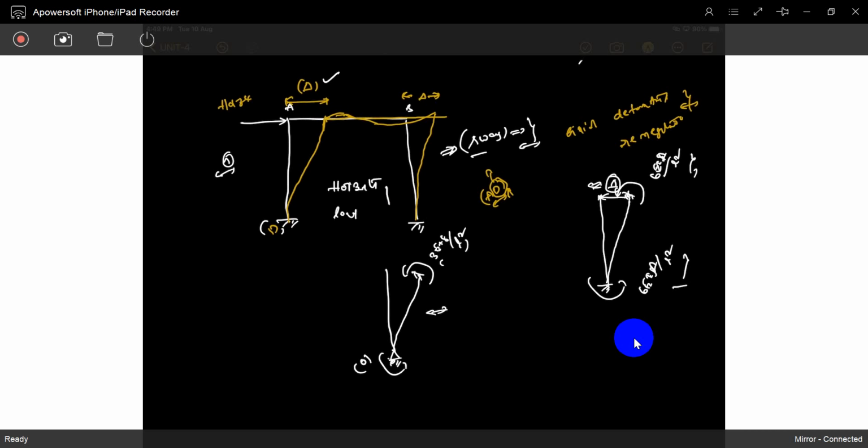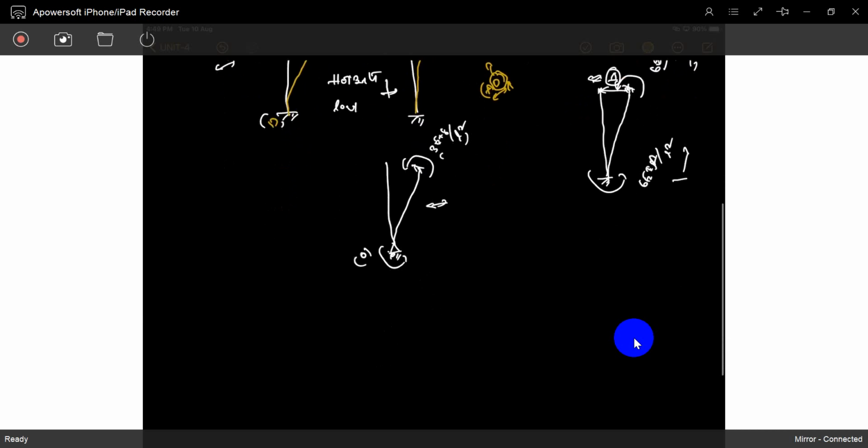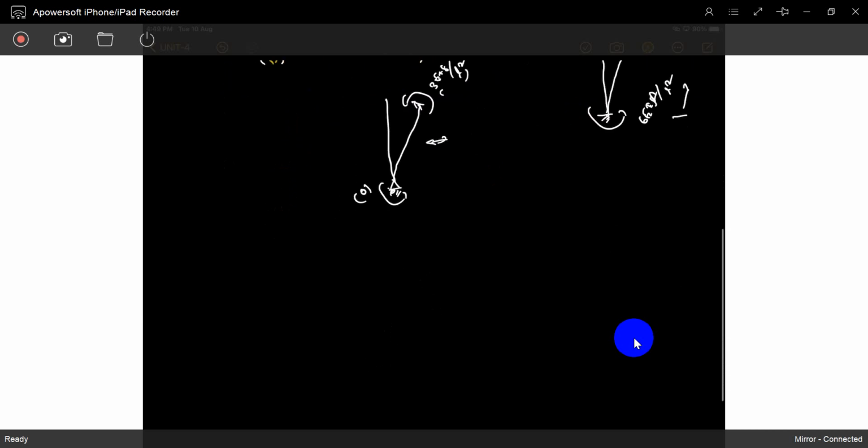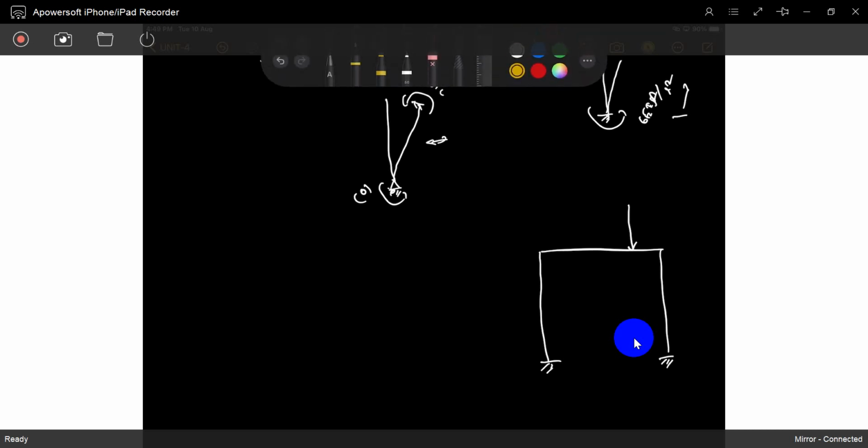The second situation is eccentric loading. It's not symmetric. If an eccentric loading is acting, it will displace again, and deform like this.